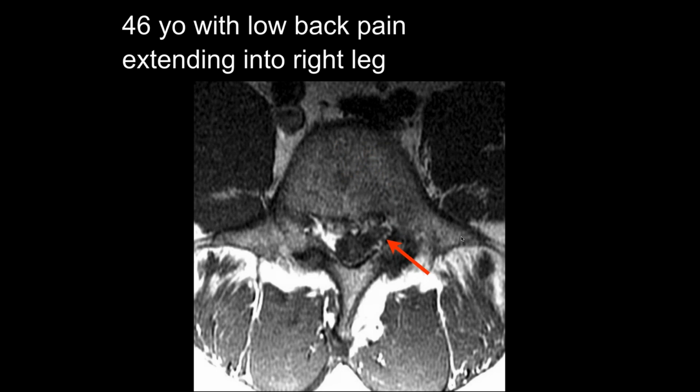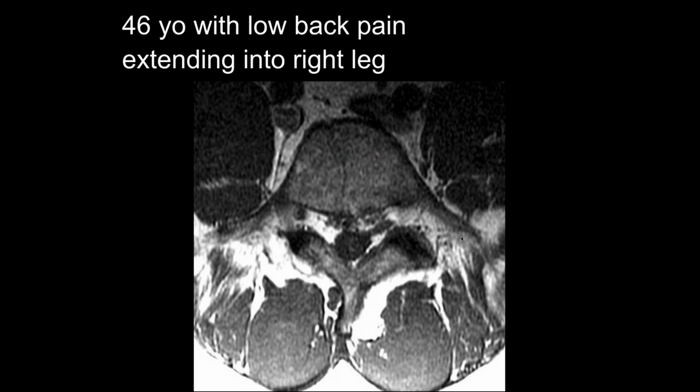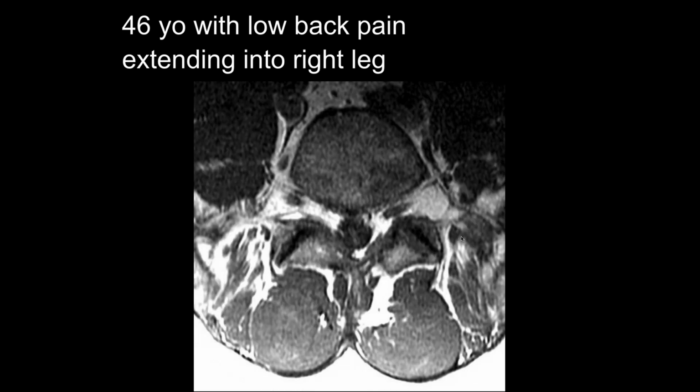Yeah, the thecal sac is asymmetric in the spinal canal. Okay, here's the next cut. So what's going on there? There are some adhesions. Not really adhesions. And notice the symptoms are on the opposite side. And then if we keep going down, what's happening here?